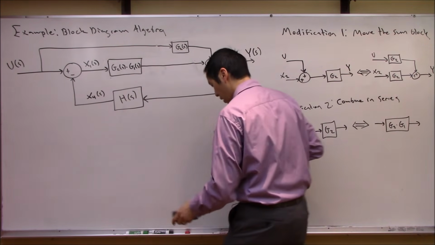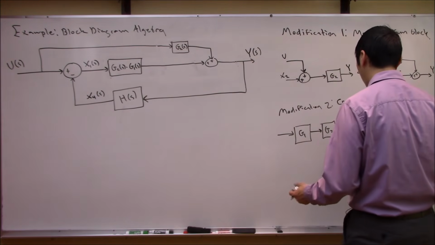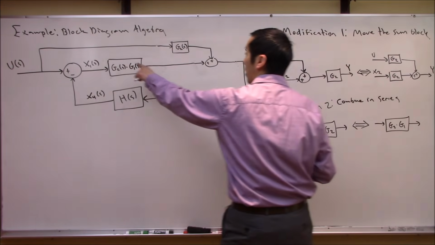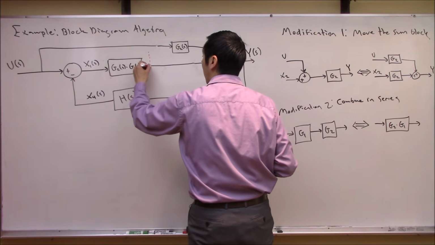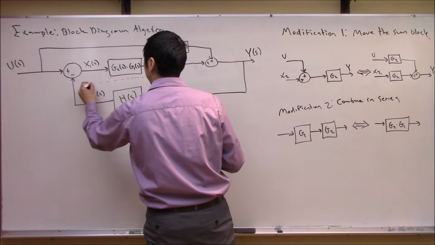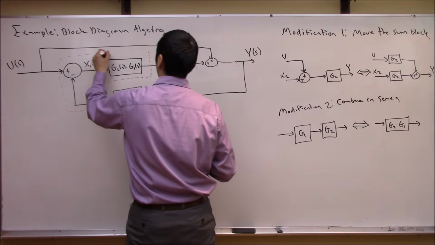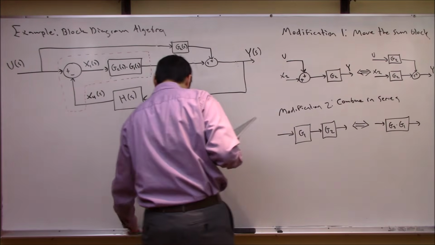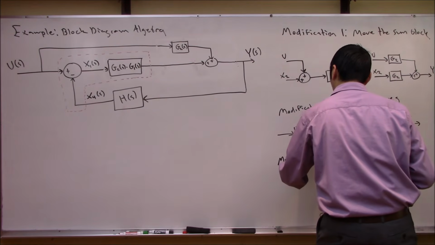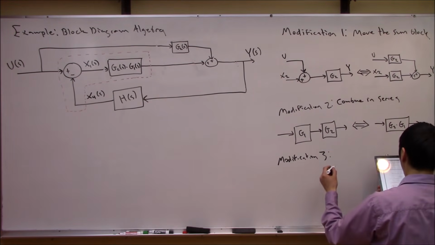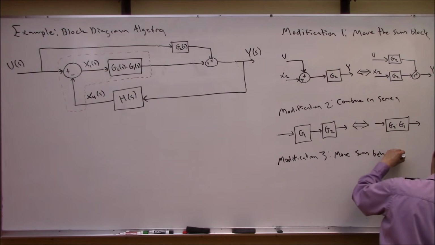Perfect. Now, let's look at another thing that we can do here. Let's identify this summing block right here. The red box is going to be a little bit non-standard, but if we isolate this region right here, what we can do for modification 3 is move the sum block, move sum behind a block.